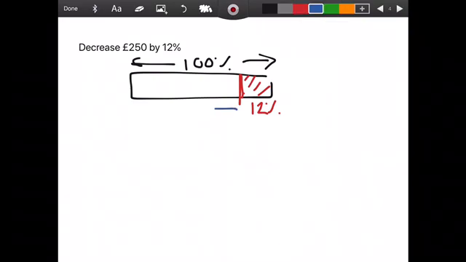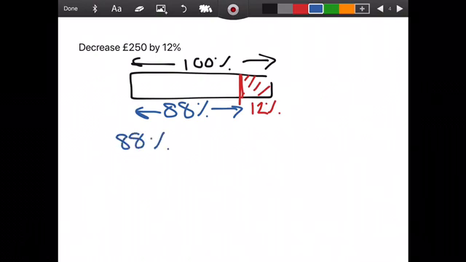So what have I got left? I had 100%, I take off 12%, I'm going to end up with 88% left. And 88% is the same as 0.88.